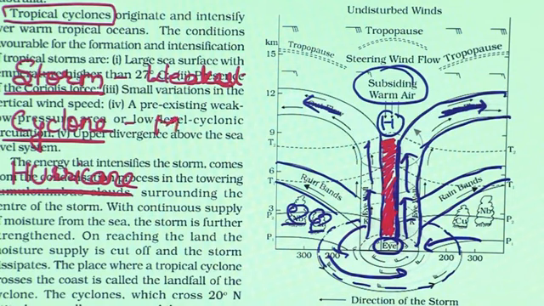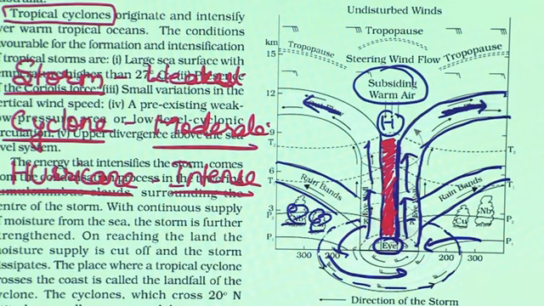This will be of moderate strength and this is the most intense. It will be very wrong for us to say that every storm will become a hurricane or that every hurricane to begin with was a storm, but the tropical cyclone in terms of its intensity is categorized into these three categories technically.